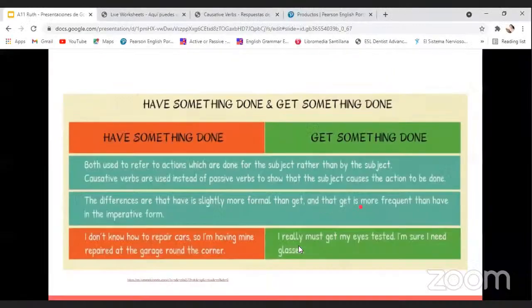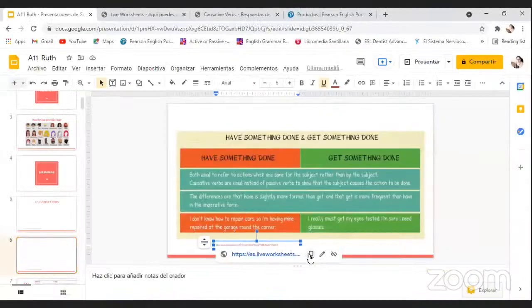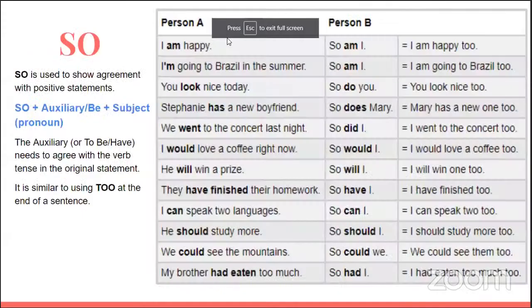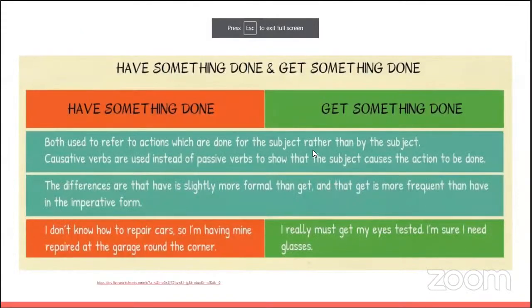And well, this is it. Doubts or questions, Leandro? Then the only difference is that one is more informal and the other is less informal. Exactly. And get you can use in the imperative form. For example, get your eyes tested.